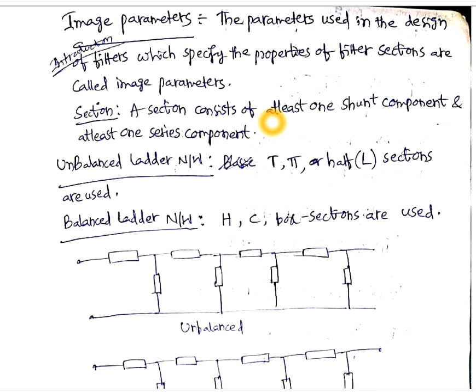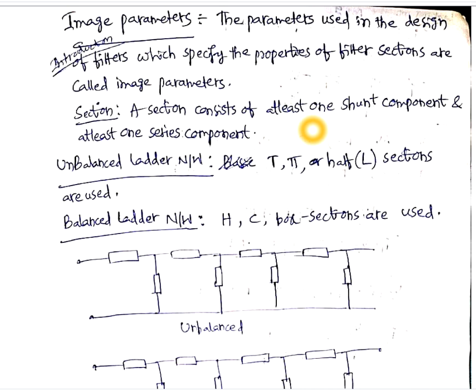A section consists of at least one shunt component and at least one series component. With this you can understand there will be several sections like T sections, pi sections and L sections, and we have unbalanced networks as well as balanced networks.